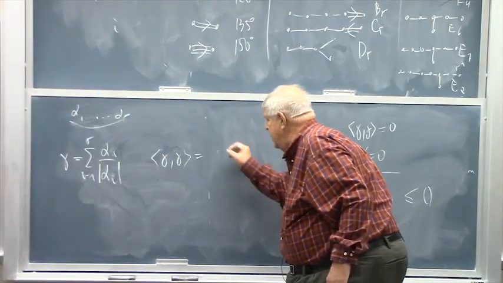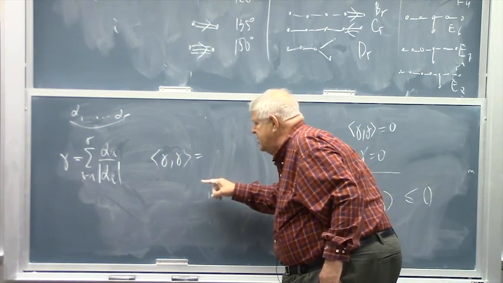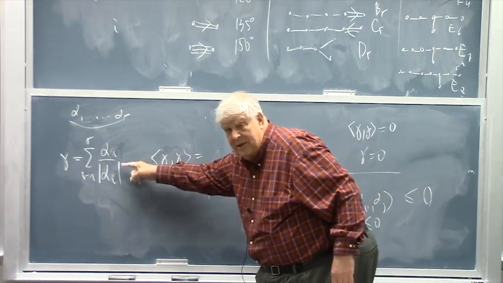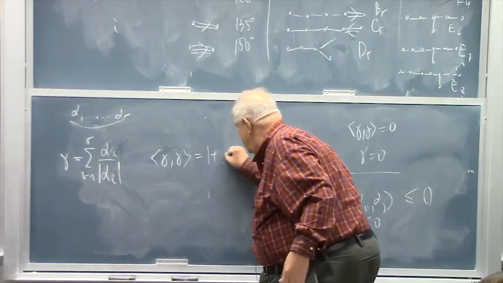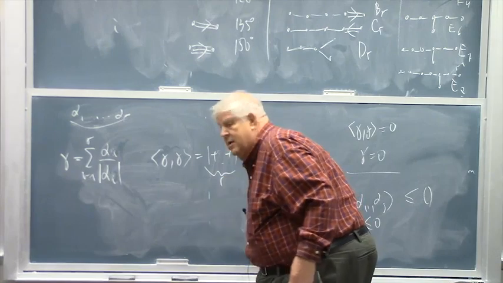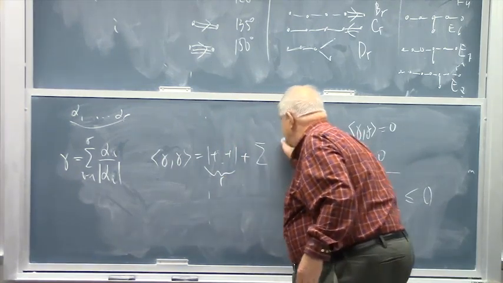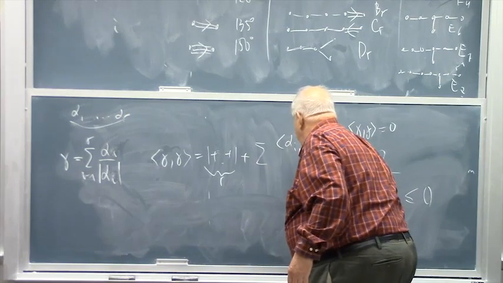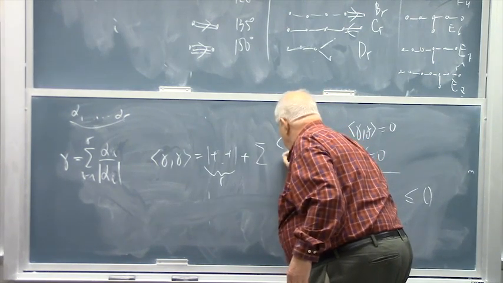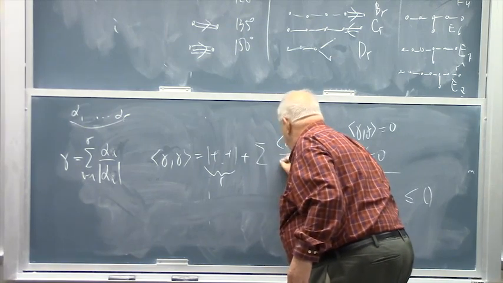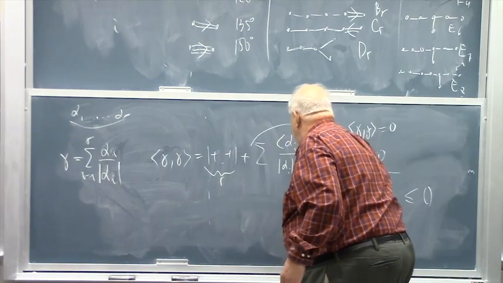Why not zero? It's not zero, because the alpha i are linearly independent. So we should take the product of this with itself, right? It should be positive. So it is r plus the sum of 2 (alpha i, alpha j) divided by |alpha i||alpha j|.